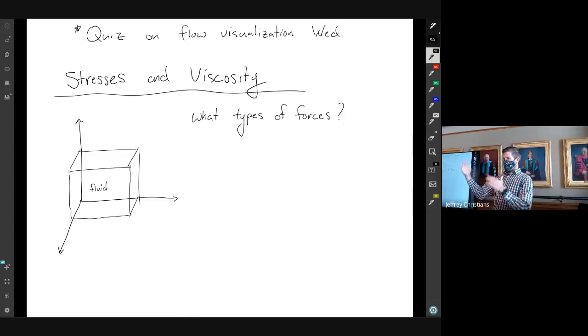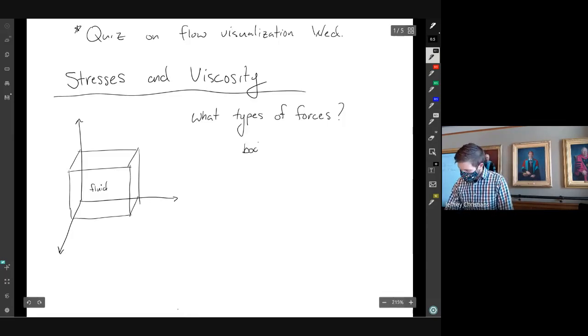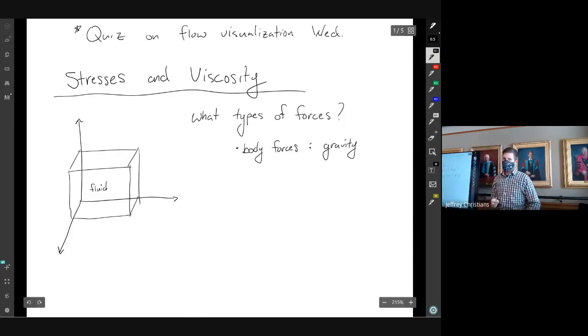That's one of the big categories of force. Gravity is one. That would be what we call a body force. Gravity is the main body force.